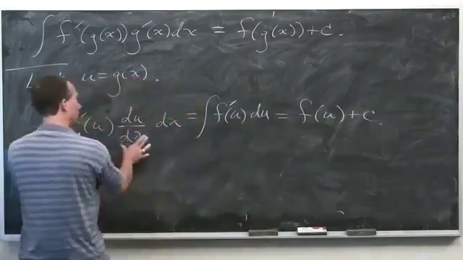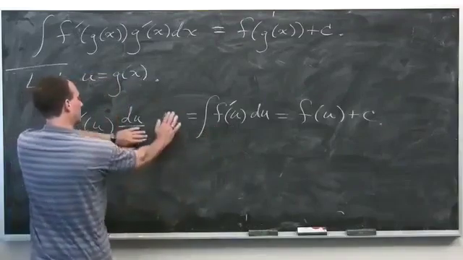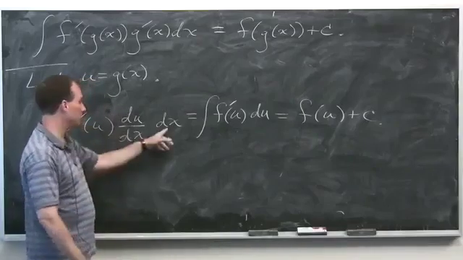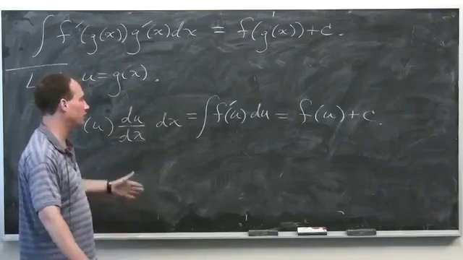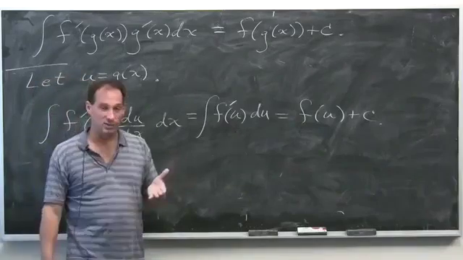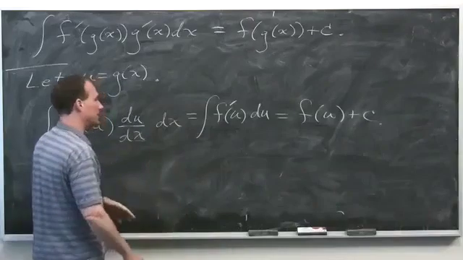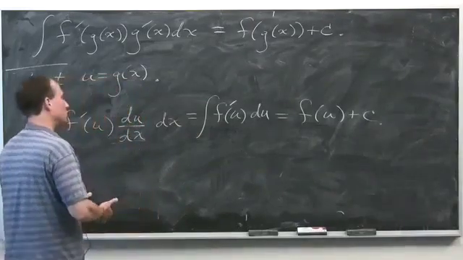But the fact that this equals this means exactly that it looks like the dx's are canceling. Now, this is not a fraction. And this is just part of an instruction telling you what to anti-differentiate with respect to. But this is so helpful that it looks like those cancel, that's how we talk about it, and that's how we think about it, and that's how we make sure we get it right.